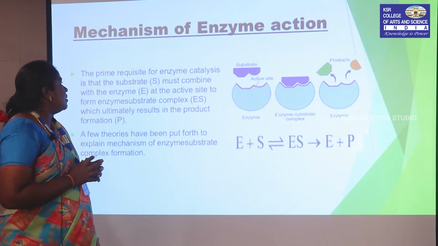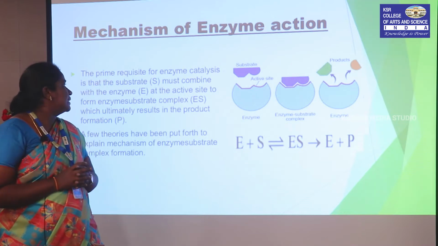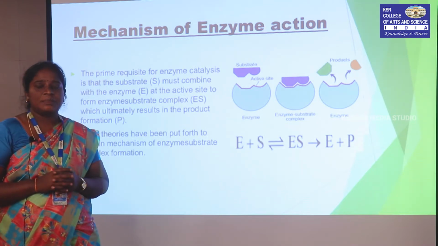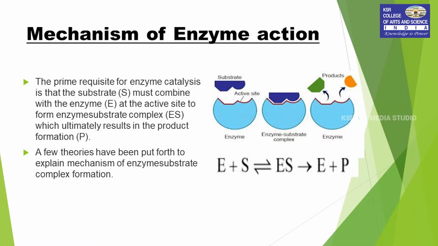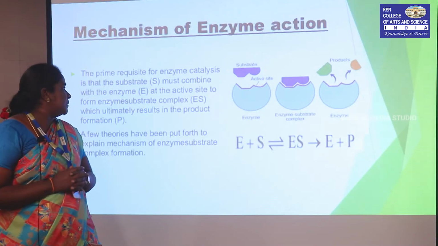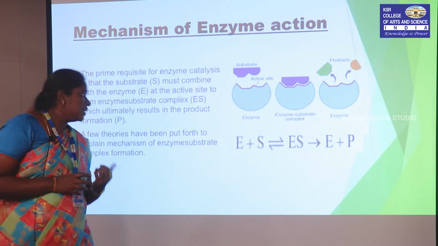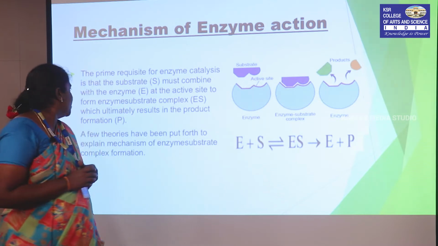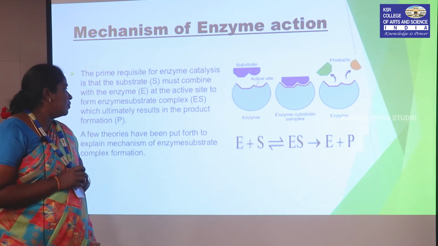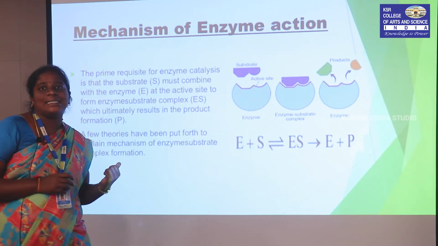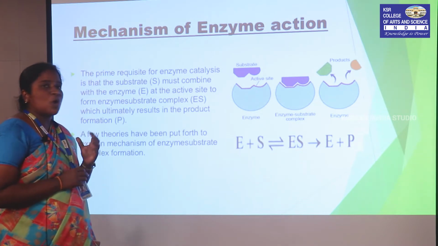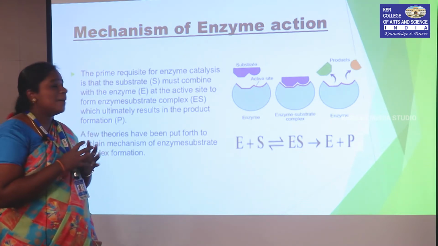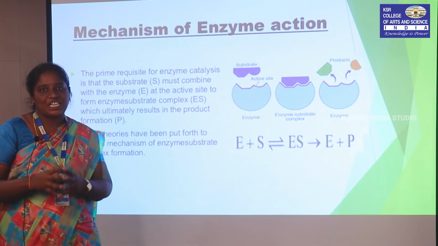Here, in enzyme catalysis the substrate S combines with enzyme E at the active site to form the enzyme-substrate complex, that is ES. Finally, we get E plus P, enzyme and product. A few theories have been put forth to explain enzyme-substrate complex formation. This is the mechanism of enzyme action.